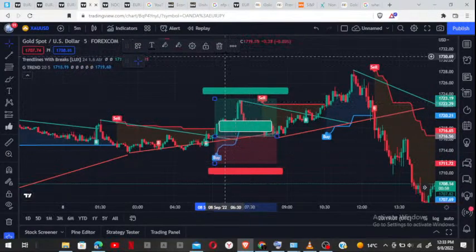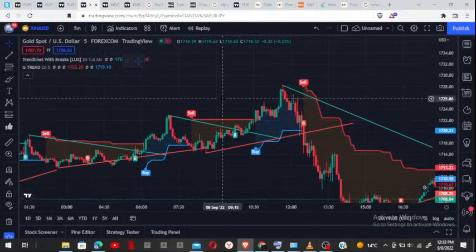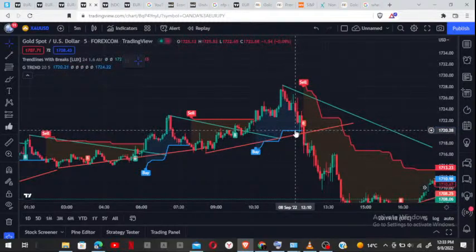So if you want to take a sell position using the trend lines with breaks, you can always come to this red line. Remember, whenever you're trading, you need to get a clear confirmation of what is happening in the market.